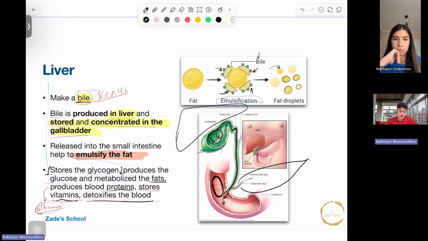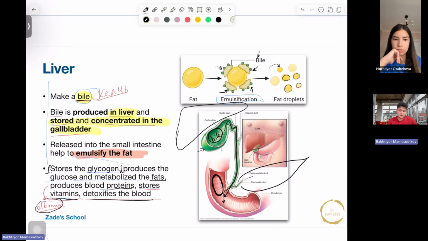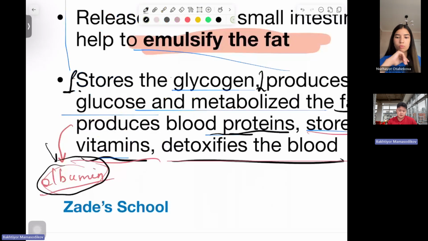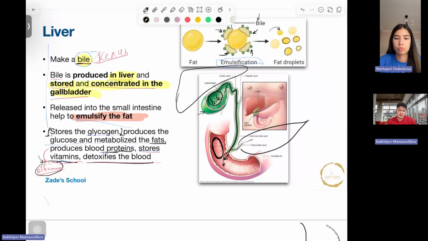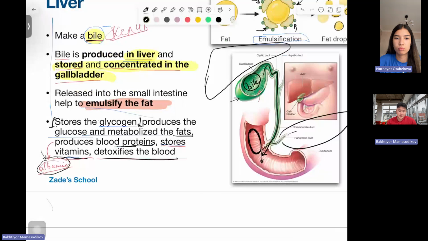This albumin, the blood protein, is produced by the liver to keep the water inside of your blood vessels. If the albumin is deficient, all the plasma will get outside of the blood vessels. You will have edema. Then the liver also stores the vitamins.